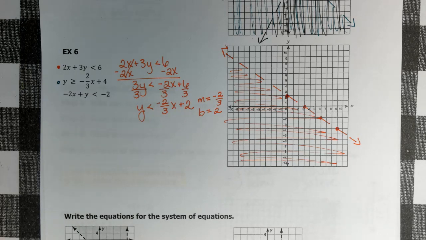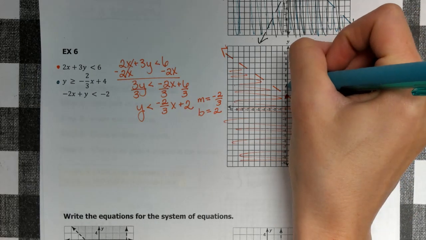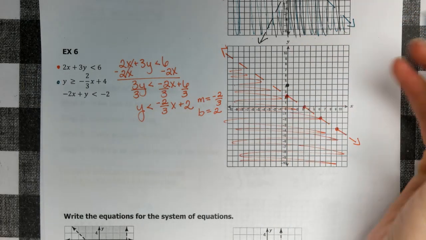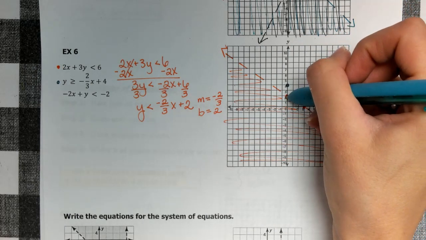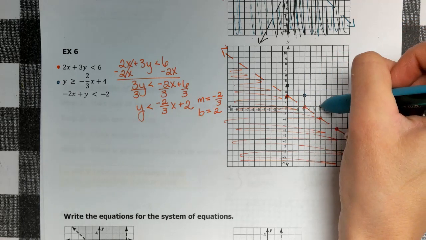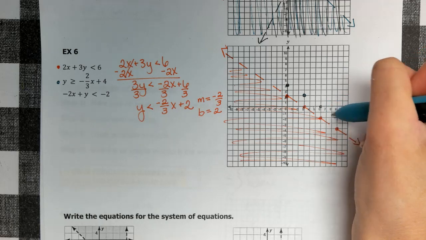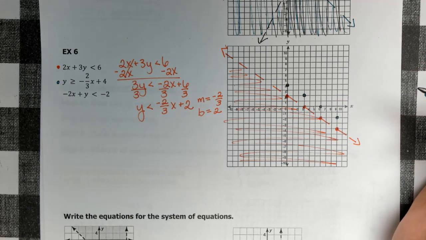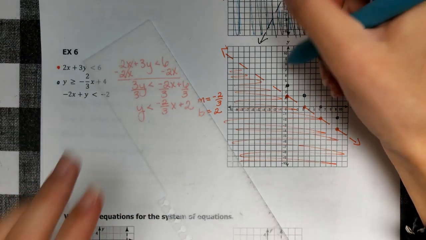So my next one, I've got -2/3 x plus 4. So I'm going to start at 4. I'm going down 2 to the right 3. And this time, this line is solid.